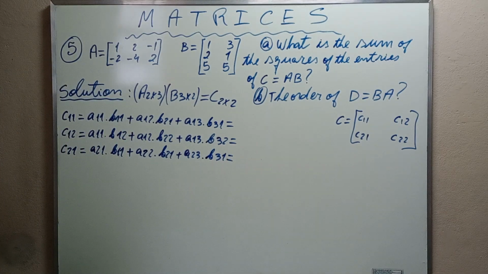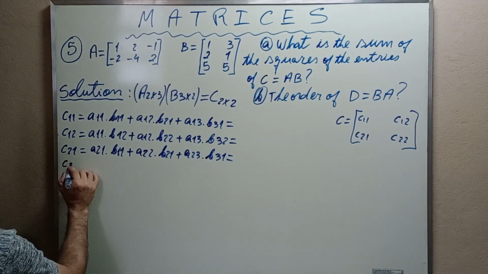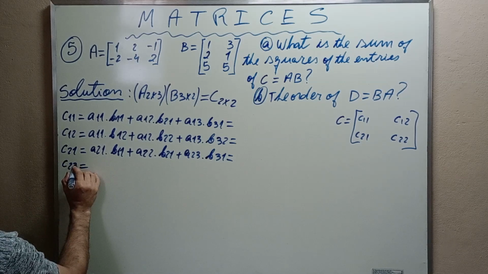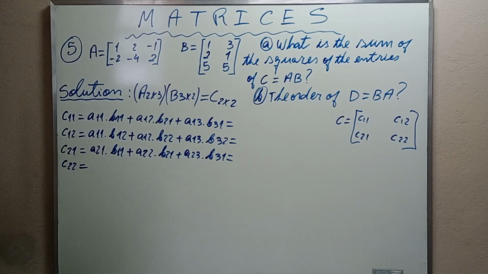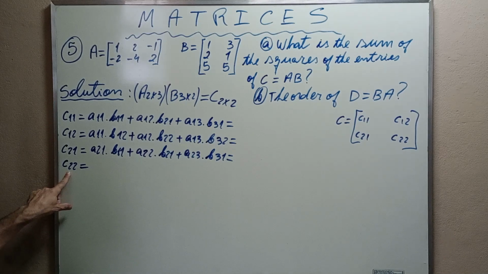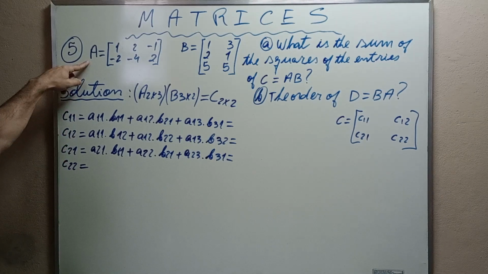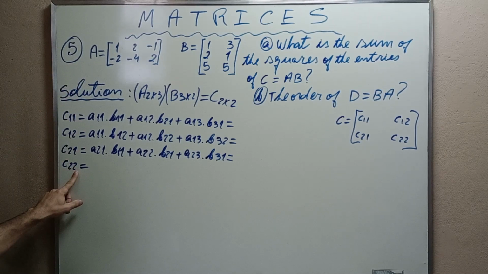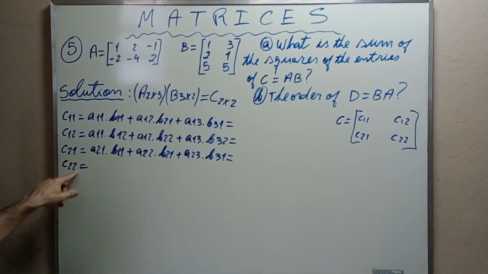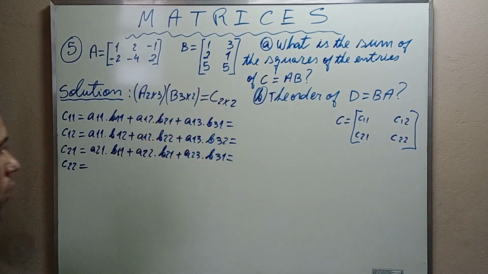And lastly, C22. C22 is going to be obtained from the multiplication of the entries of the second row of matrix A with the entries of the second column of matrix B, okay?